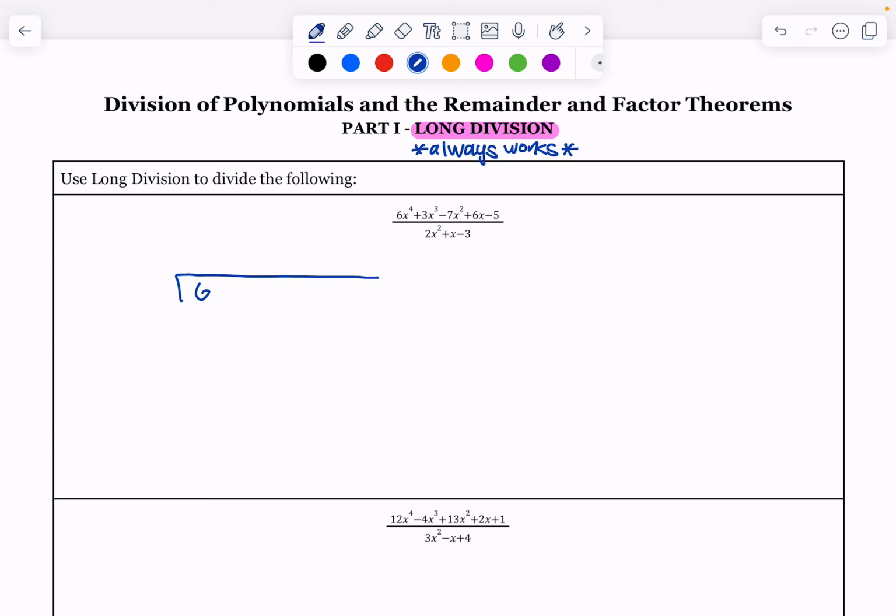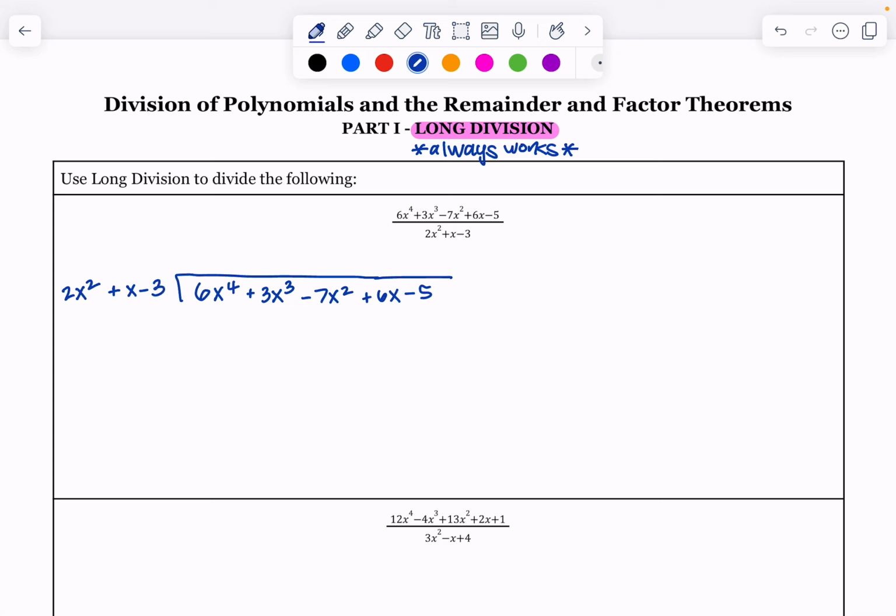I'm going to rewrite the top polynomial, the numerator, 6x to the fourth plus 3x cubed minus 7x squared plus 6x minus 5. And we are dividing that by 2x squared plus x minus 3.